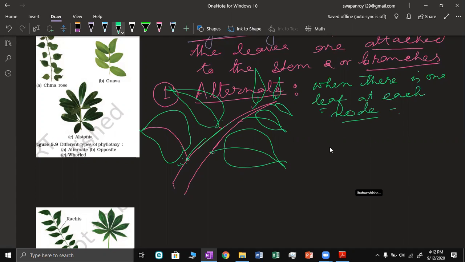This one we usually find in China rose. See, this one is China rose. Here is one leaf, here is one, here is one, alternately on the same side.